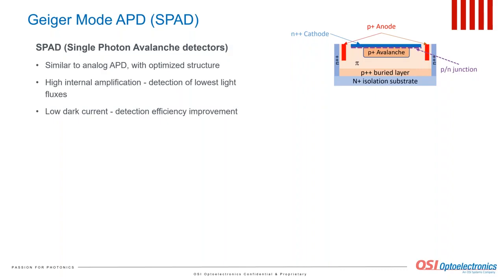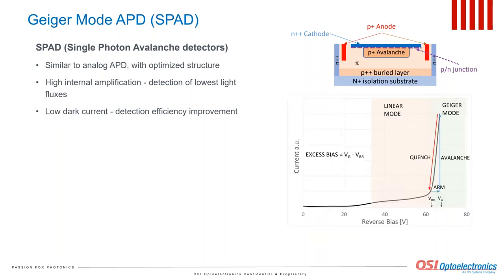To decrease the dark noise counts, one can minimize the active area size and decrease the operation temperature, for example, down to 0 using thermoelectric coolers. Let's assume that we created a structure with a very low dark current. Then we need to arm the device with an excess bias.